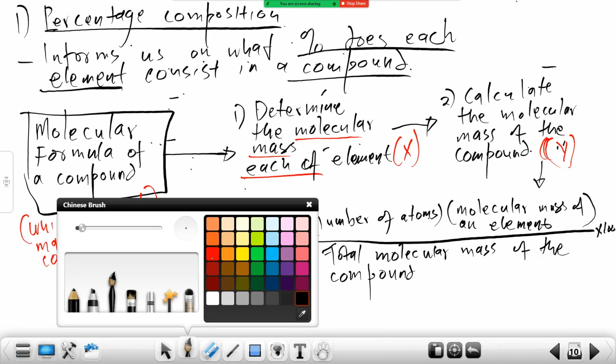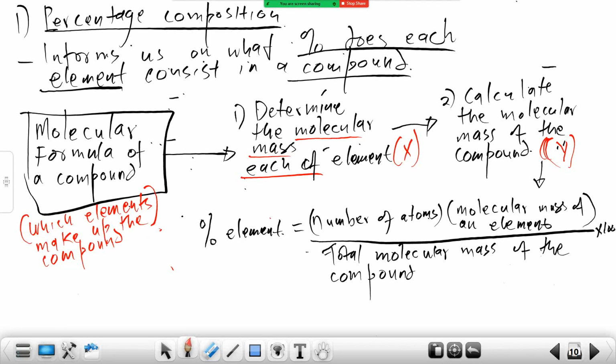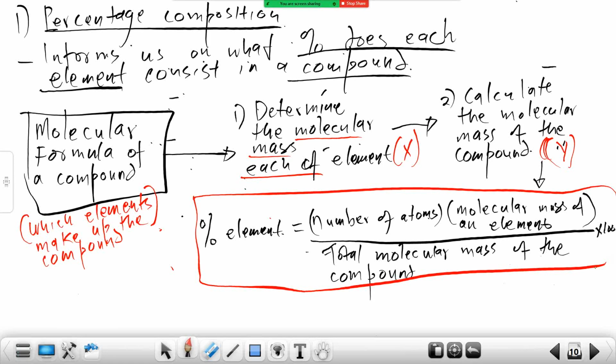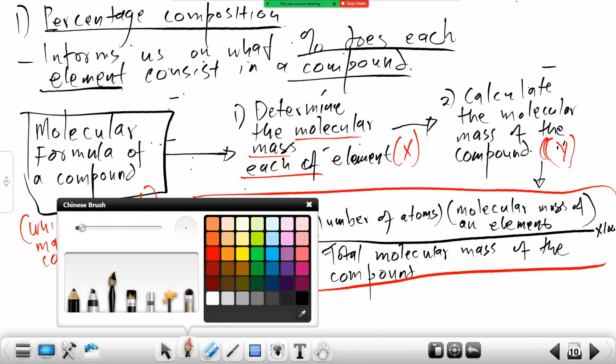So I'm going to write it in red because remember, this equation is not part of the formula sheet. So how best can I remember this? It's very easy.